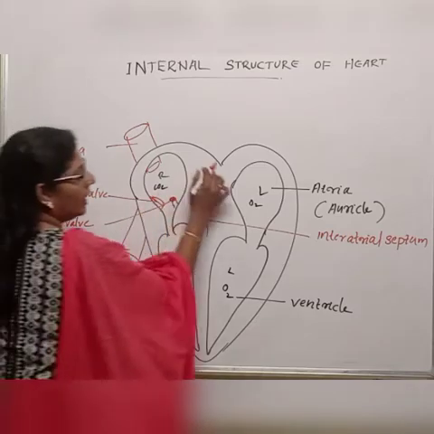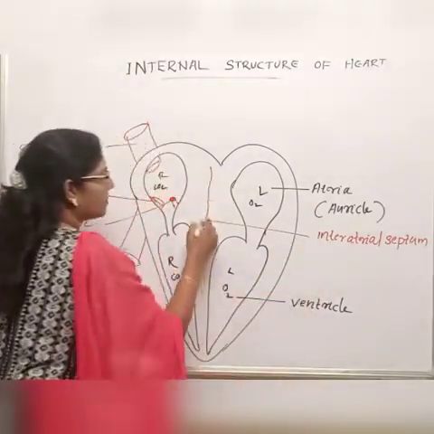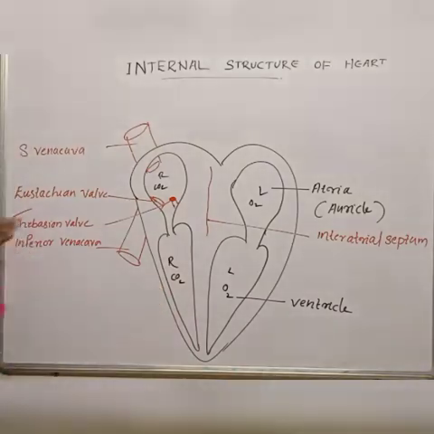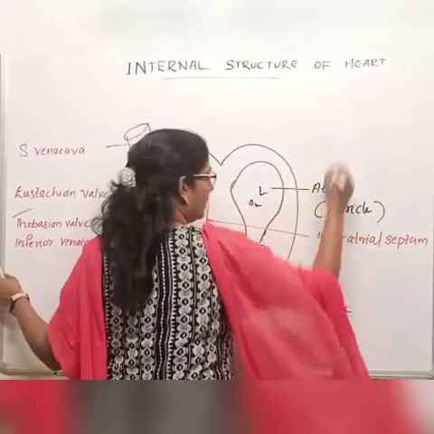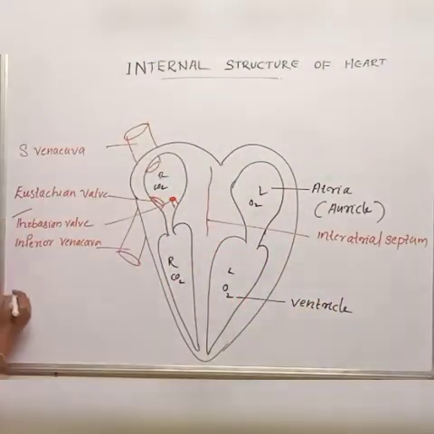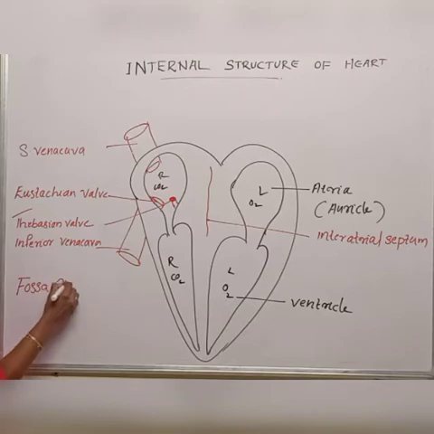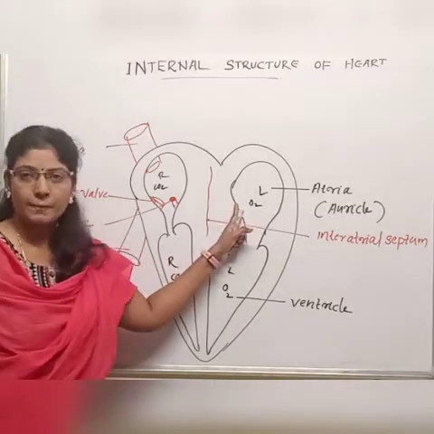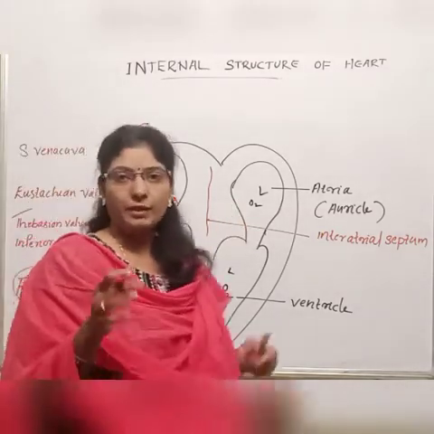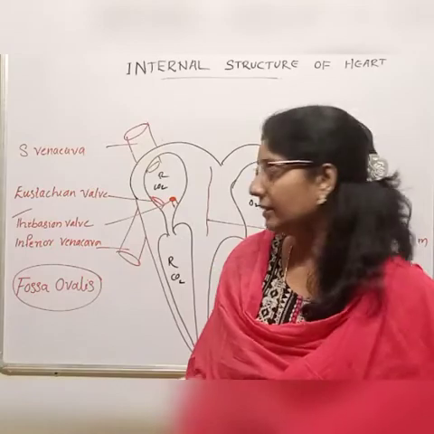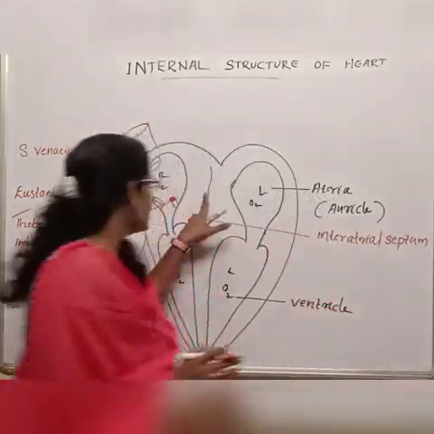Now in the interatrial septum, in this portion, one depression is there. That depression is called the fossa ovalis. Fossa ovalis means that in the fetal stage, when the baby is inside the womb of the mother, there is an oval opening in this portion.